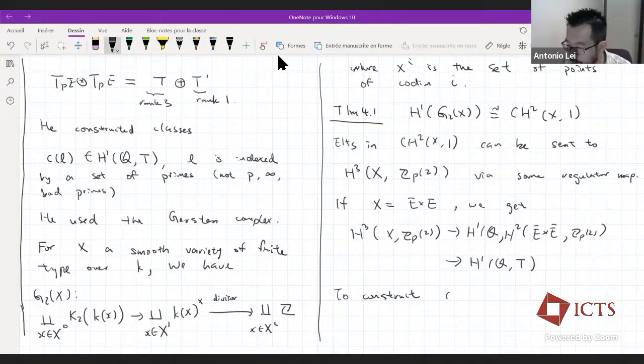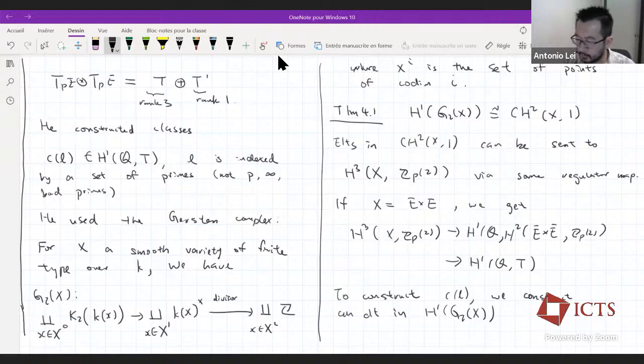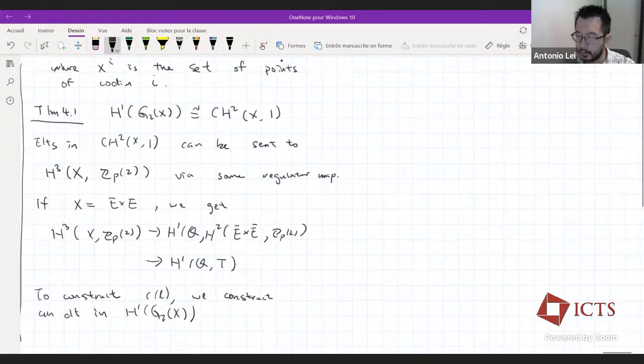So to construct c_L, we construct an element in this H1_G2(X).